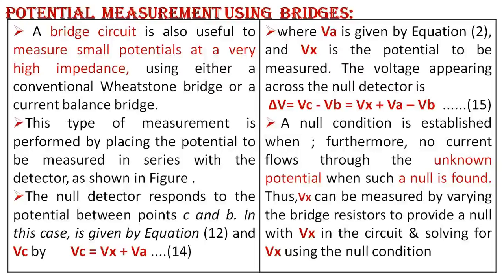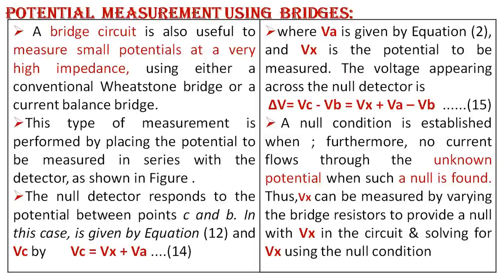The null detector responds to the potential between points C and B. Here VC is equal to Vx plus VA, where VA is given by equation 2 and Vx is the potential to be measured. The voltage appearing across the null detector, del V, is equal to VC minus VB, which is equal to Vx plus VA minus VB.